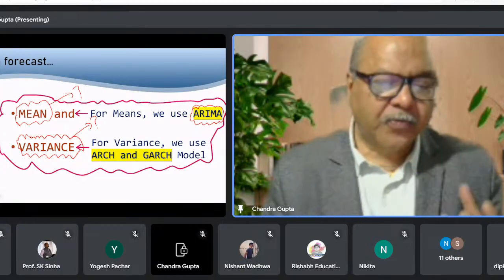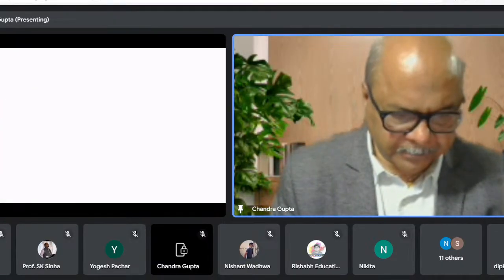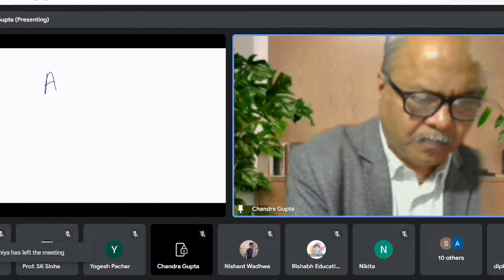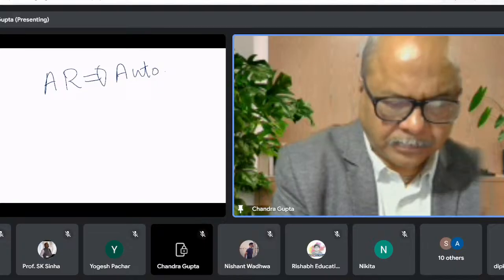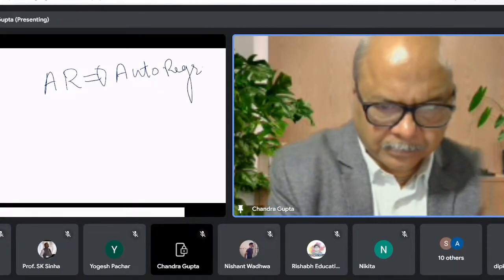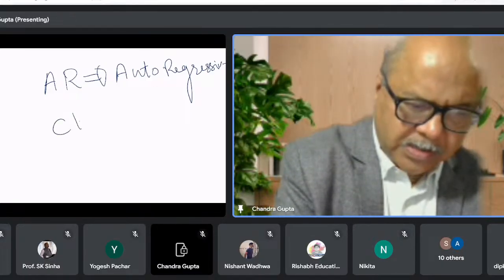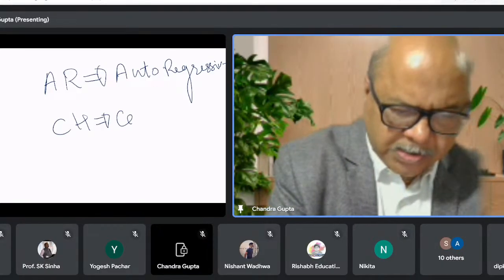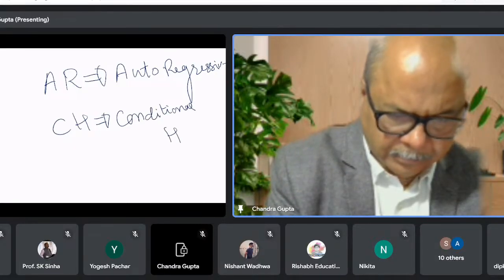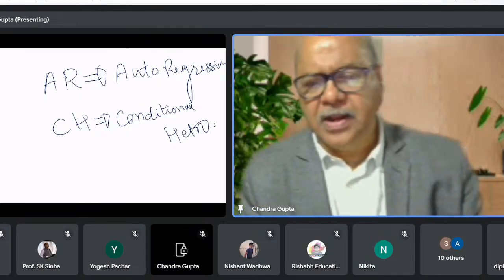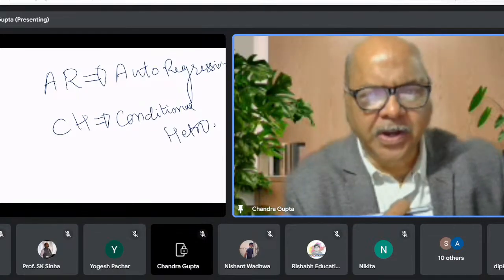If you want to predict variance, then we have ARCH and GARCH model. ARCH stands for autoregressive conditional heteroscedasticity. This is something which I can make use for predicting variance.